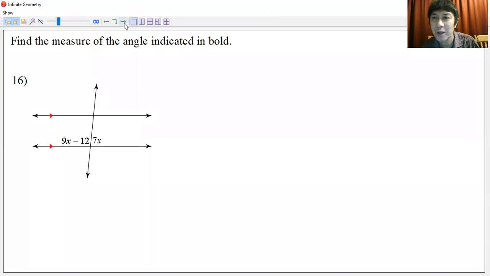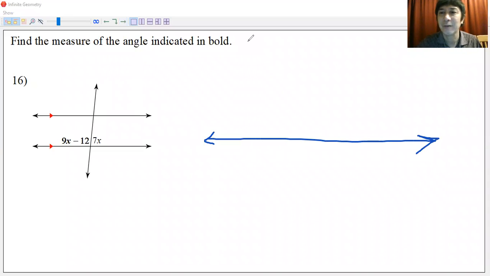They share a common side, a common vertex, and the total is 180. The two non-common sides are opposite rays. What do we mean by that? They form a straight line there.